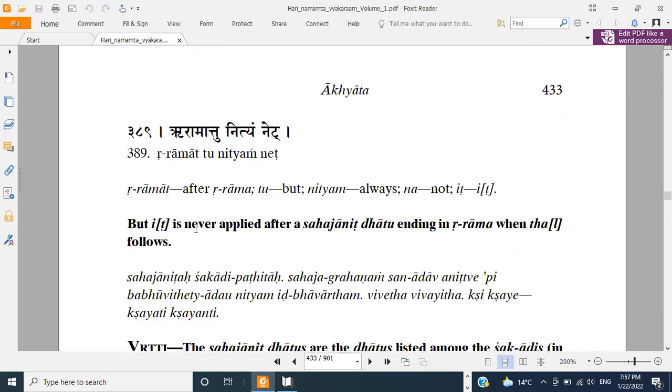It is never applied after a Sahaj Anit Dhatu ending in Rirama when Thal follows. So all these 5-6 sutras are of the same series: when Thal follows, it is taking it optionally, regularly, or not at any time. So when Thal follows, it's the same category.